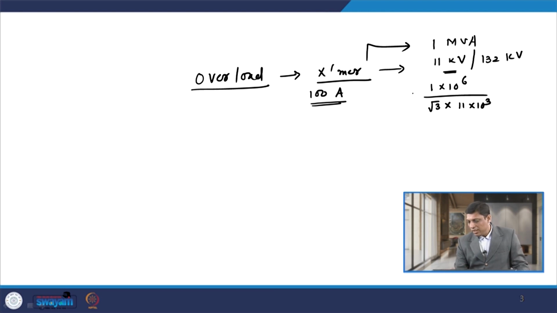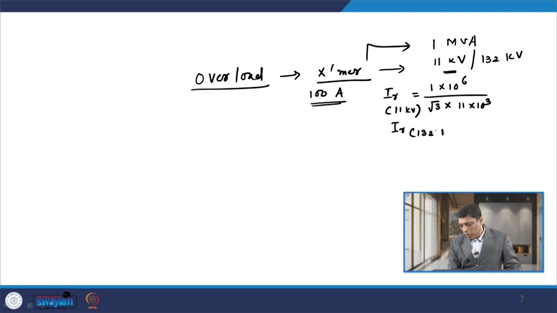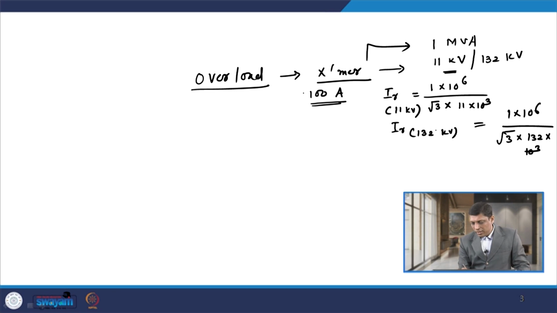In the same way, you can get the rated current on the 132 kV side using the same formula: 1 MVA divided by root 3 into 132 into 10 raised to 3. So, let us assume that the rated current of the transformer on one particular side is 100 ampere.